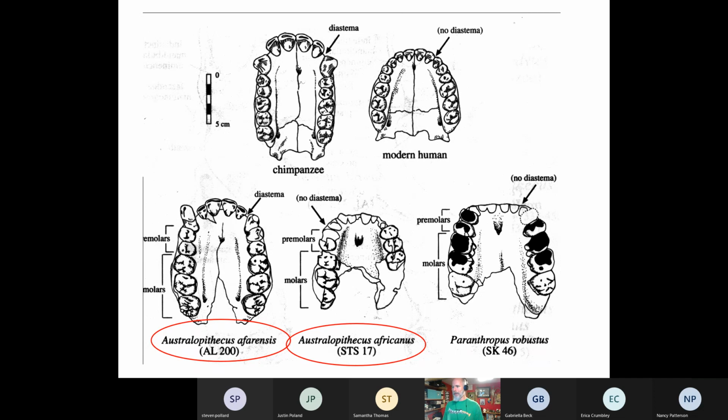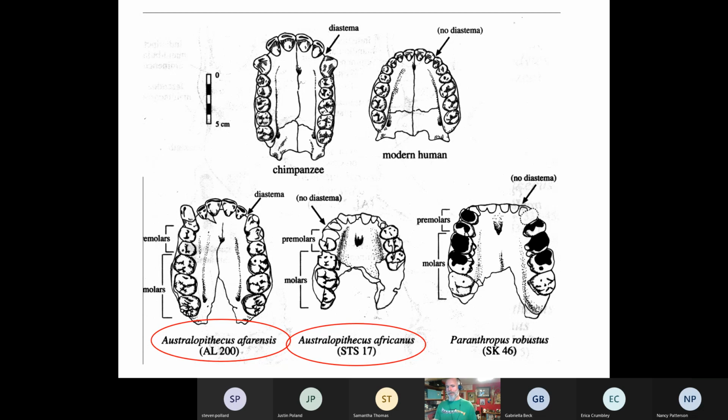So there is some variability in the fossil record when it comes to teeth. Paranthropus, as you see, the teeth are much more robust. Robustus is indicating it is what it is. It's a larger creature than Australopithecines, more robust, and humans are more slender creatures.